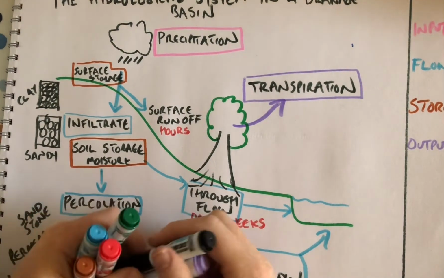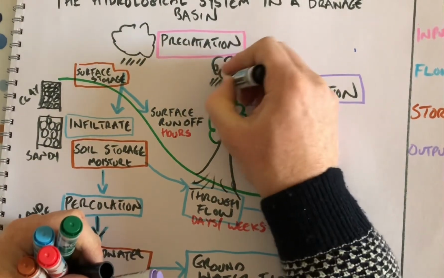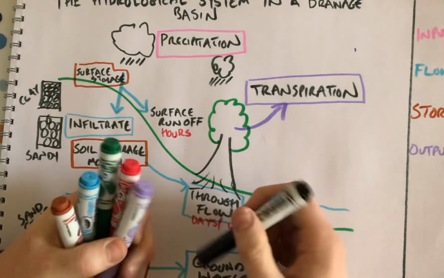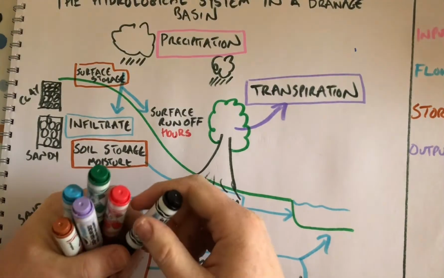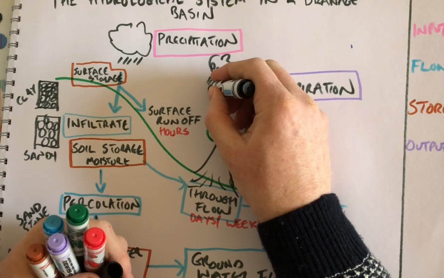However, rain will also fall on the tree. So put another cloud in. We've got rain falling on top of the tree, and that precipitation will land on the tree.